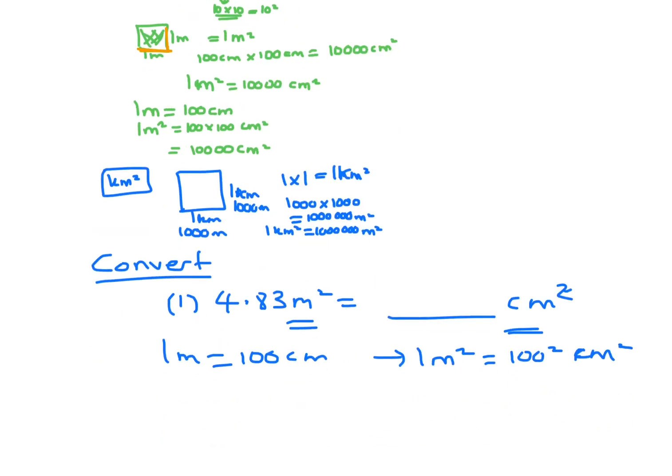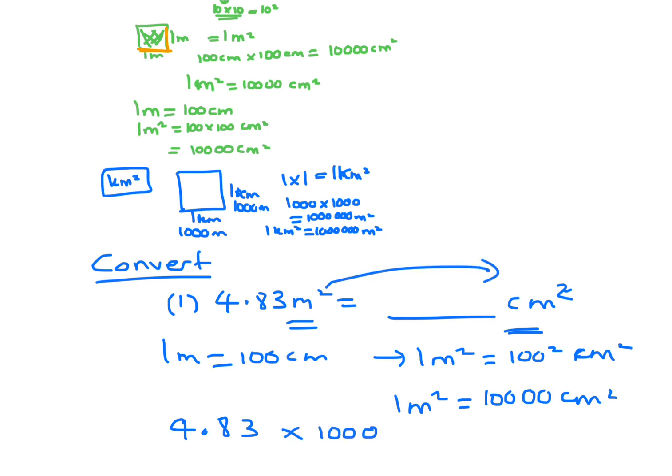So you do 100 times 100 to double the number of zeros. So if I've got 4.83 and I want to go from metres squared to centimetres squared, you times by 1 with twice the number of zeros. You go 1, 2, 3, 4. Put the zeros in, and that'll be 48,300.